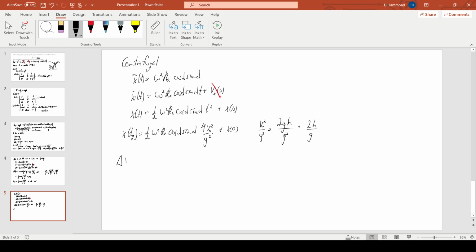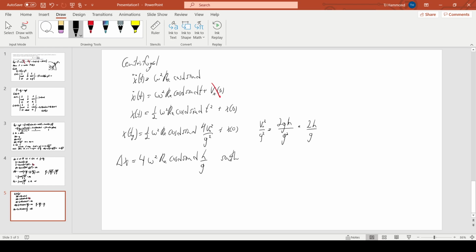So that means the change in the x direction is going to be 1/2 omega squared times the radius of the Earth times cosine lambda sine lambda, and we're going to have 4 times 2 is 8, and that's going to cancel with this 2 here. So this will give us a 4, and we'll have h over g. And what direction is this? This will be south.